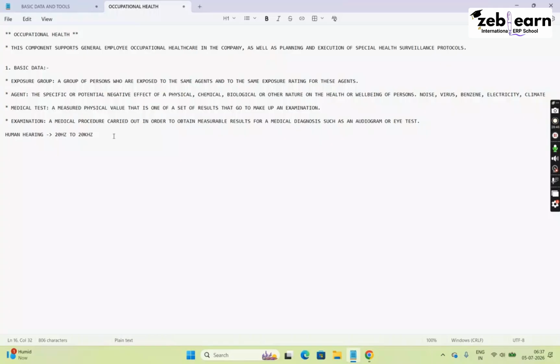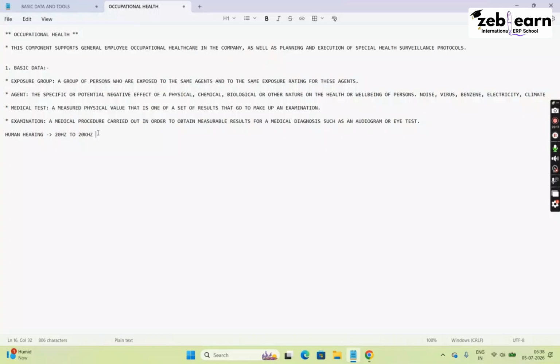So we have a very limited range of human hearing. And even within that 20 hertz to 20 kilohertz, depending on age and how much you are exposed to noise, it will vary from person to person. If the age is very advanced, those people can hear only a little bit of this range.